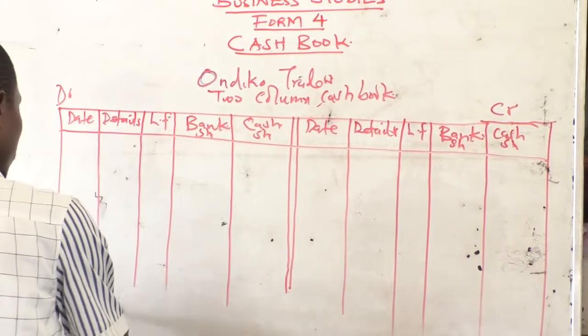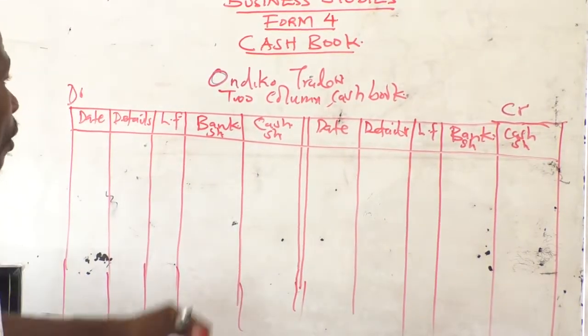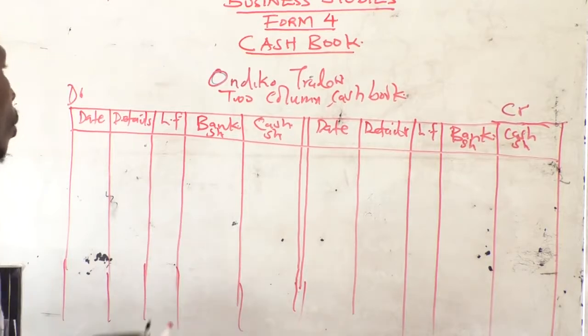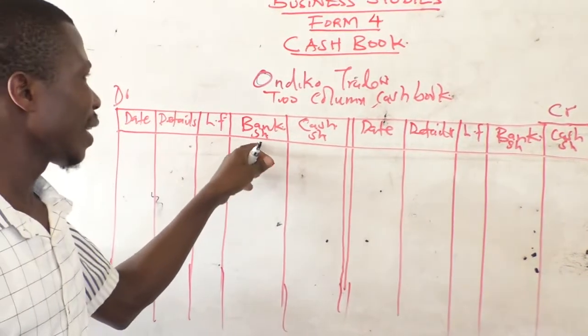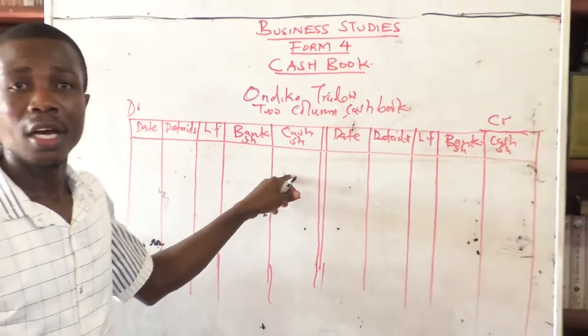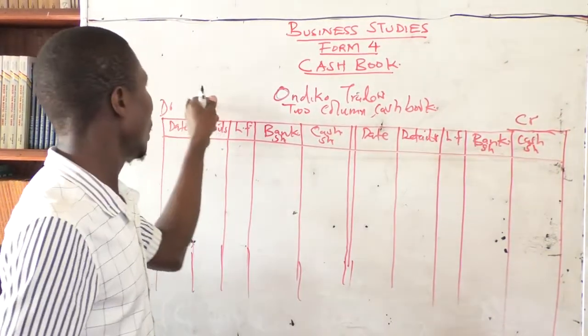So this is the format of a two-column cash book. We say it is a two-column cash book because it has two money columns, cash at bank and cash in hand, on both the credit side and the debit side.